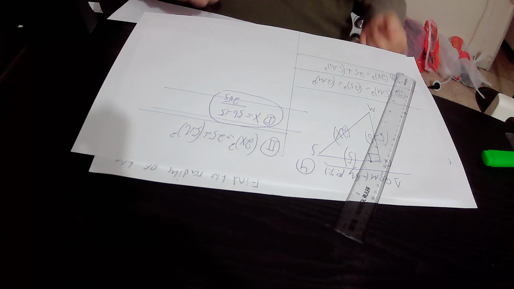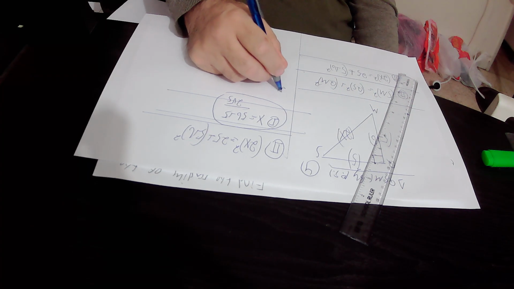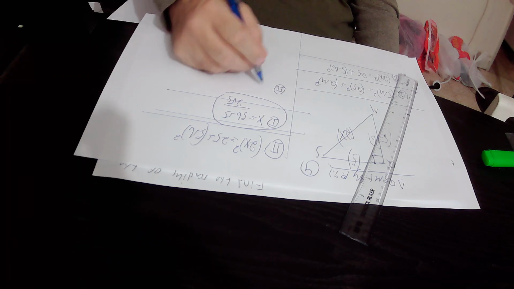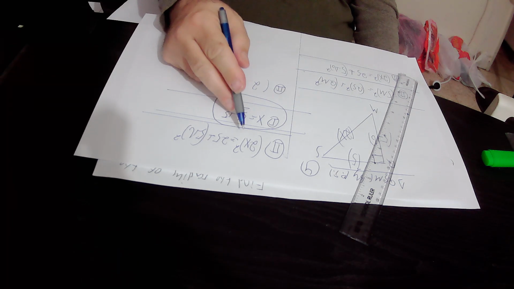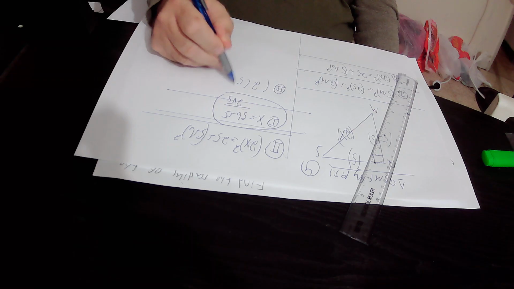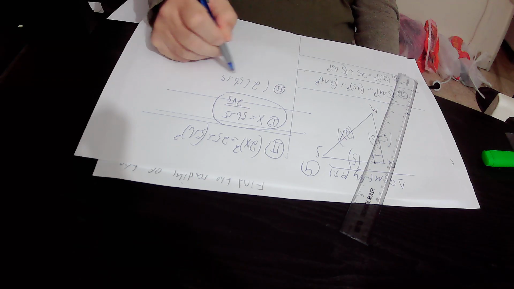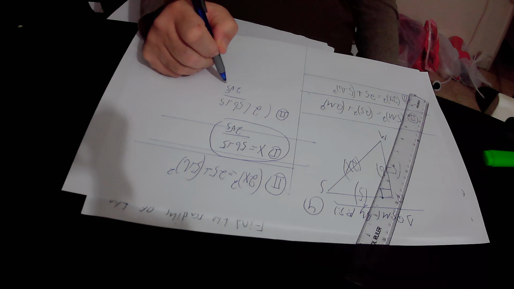So we'll do it now, and we get that according to equation number 2, 2 times x, and x, according to equation number 1, equals 5b plus 5 over 2 times square root of 5.